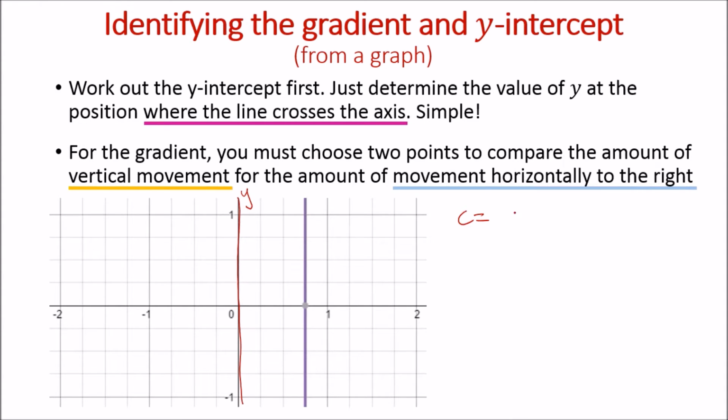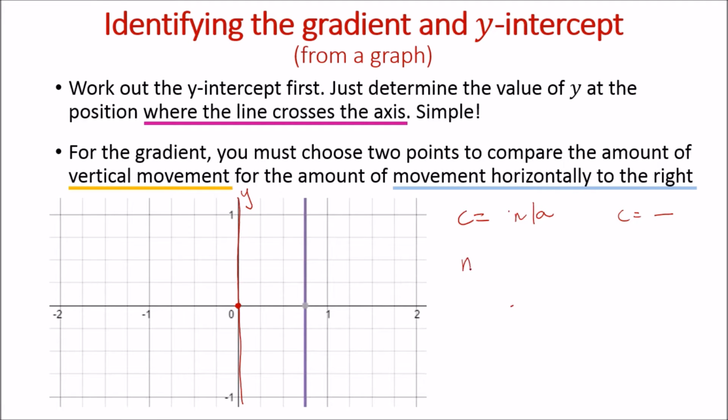So I don't want to see you writing 0 here, because if you wrote that the y-intercept was 0, you're saying that this line is touching here. Instead, I would write NA for not applicable, or just put a dash, like there's nothing there.